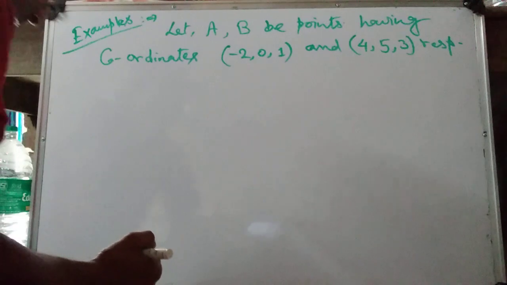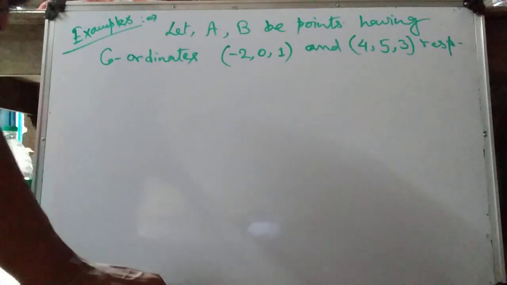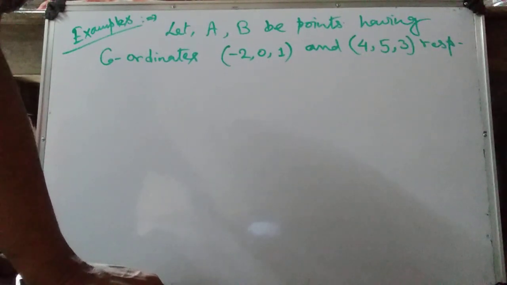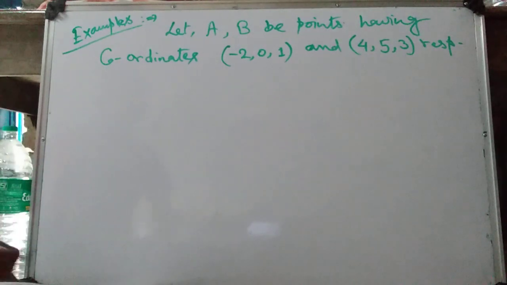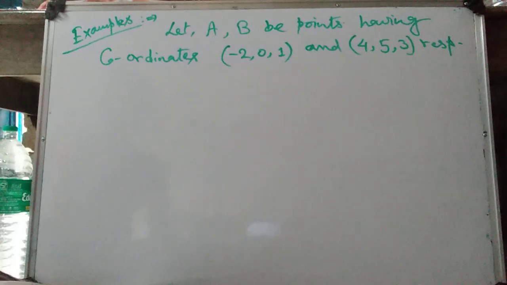Then the endpoint C of the vector emanating from the origin and having the same direction as the vector beginning at A and terminating at B has coordinates, what? This difference.